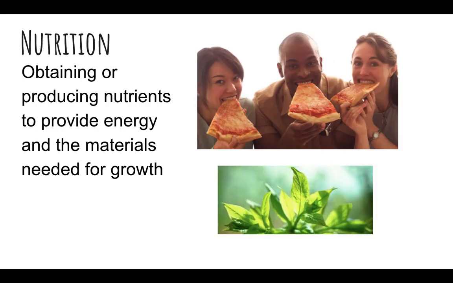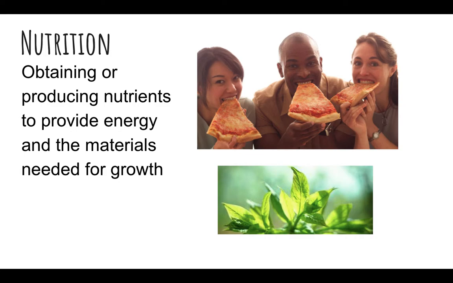Nutrition, pretty self-explanatory. Obtaining or producing nutrients to provide energy and the materials needed for growth. If you are a heterotroph, that means you need to consume things for energy.